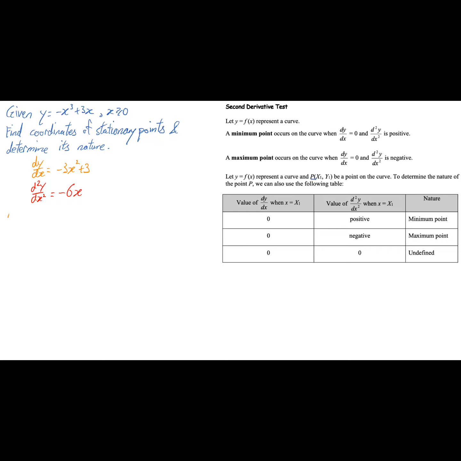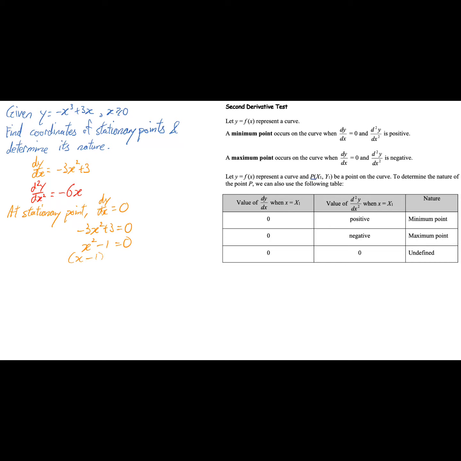So for the coordinates, as usual, at the stationary point, what's so special? Our dy/dx is always equal to 0. Therefore, negative 3x squared plus 3 equals 0. x squared minus 1 equals 0.